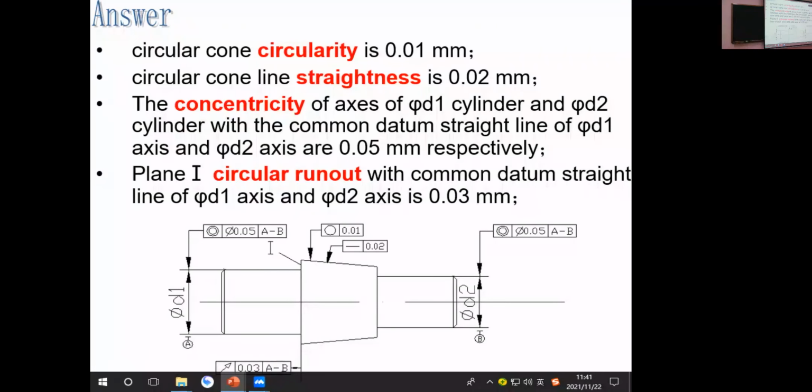Maximum variation of the median plane, parallel with the other.